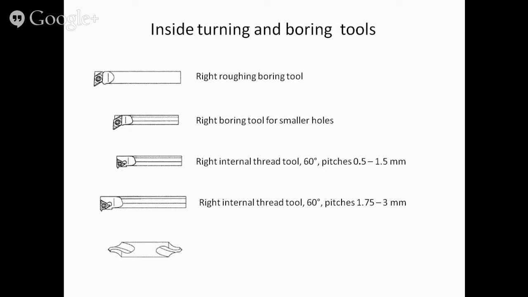And the right internal thread tool for 60-degree metric threads, for pitches from 1.75 to 3 millimeter. And this is a center drill. Twist drills of different diameters, which are of course also used on CNC lathes, are not shown here.